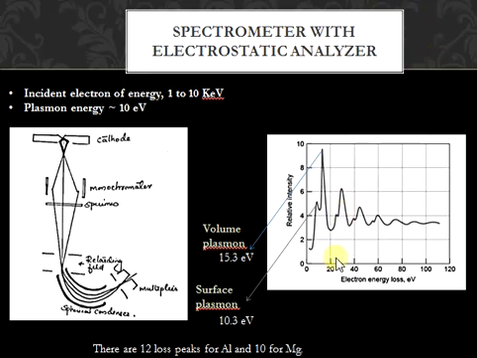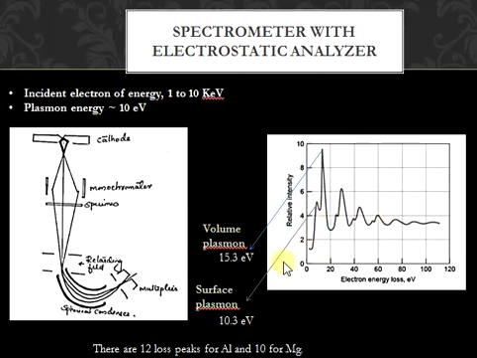This is the typical energy loss spectrum for electrons transmitted through metallic films. This is for aluminum, where we can see different peaks. There are actually 12 loss peaks for aluminum, and in the case of magnesium there will be 10 loss peaks. For aluminum, you can observe combinations of 10.3 electron volt and 15.3 electron volt at different energy levels.